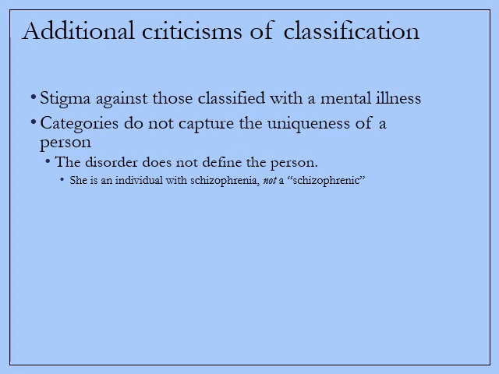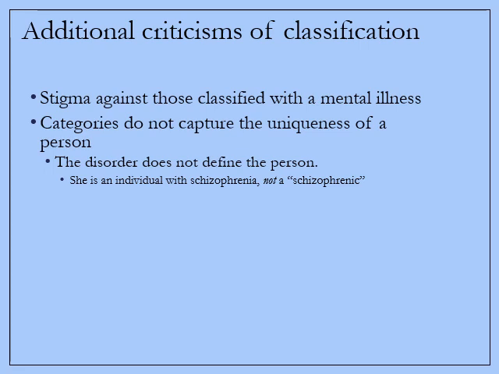A few miscellaneous additional criticisms or issues come up with classification systems. There's often stigma against people who are diagnosed with a mental illness, and so as clinicians and as a field in general, we have to be aware that labeling someone with a mental illness diagnosis can be impactful in a way that is not helpful at times.